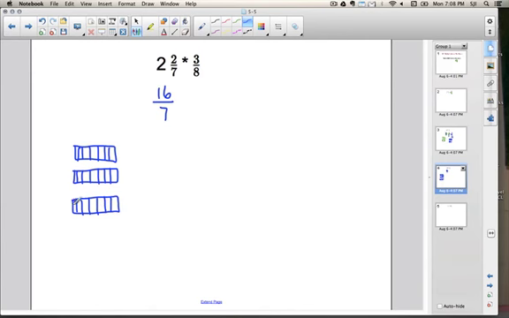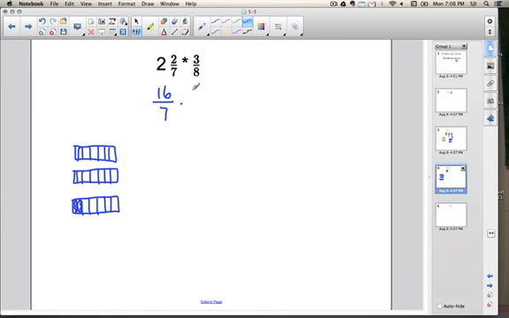So that means I have this piece right here and this piece right there for the 2/7, and then I have all of this up here. So how many little pieces cut into 7 do I have? 1, 2, 3, 4, 5, 6, 7, 8, 9, 10, 11, 12, 13, 14, 15, 16. 16/7. So the way I did that without having to draw it out, 7 times 2 plus 2. So you multiply the denominator times the whole number, and you add the numerator.